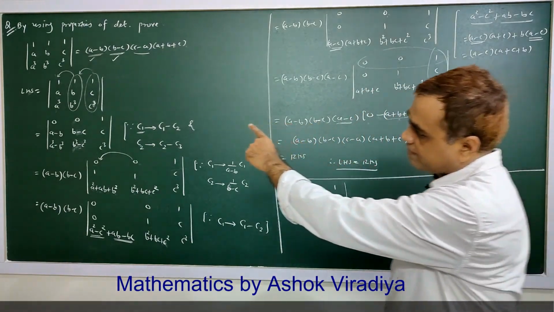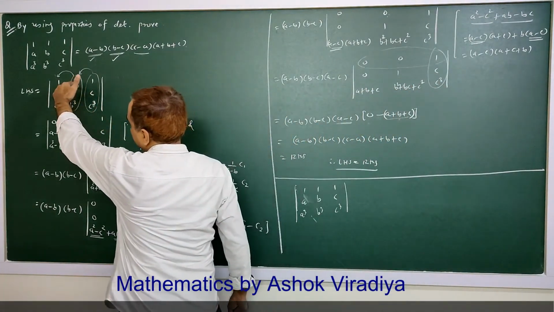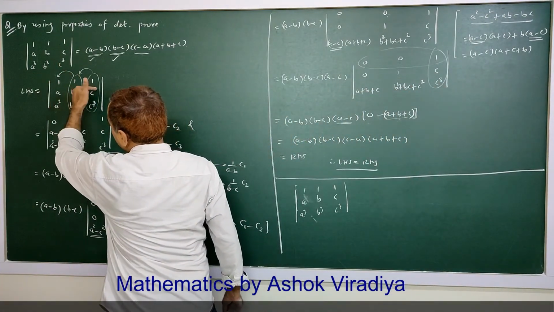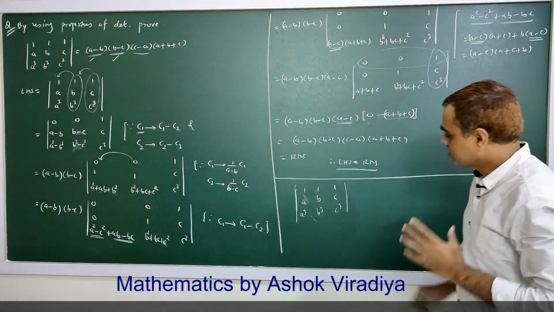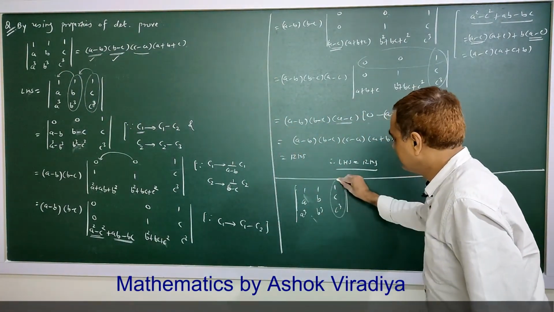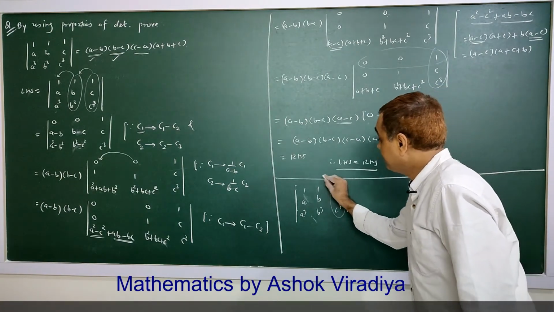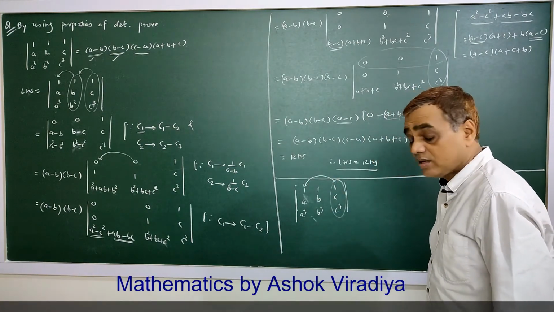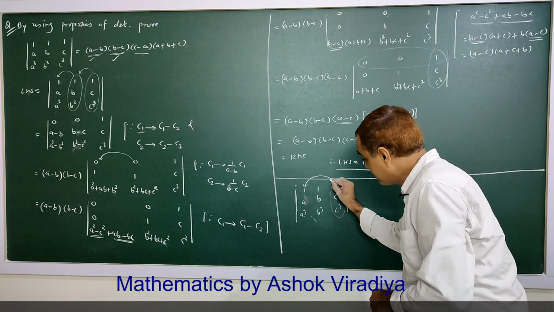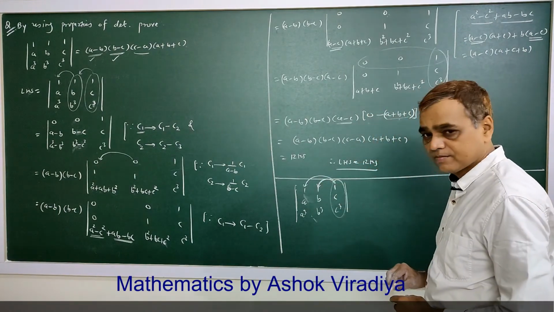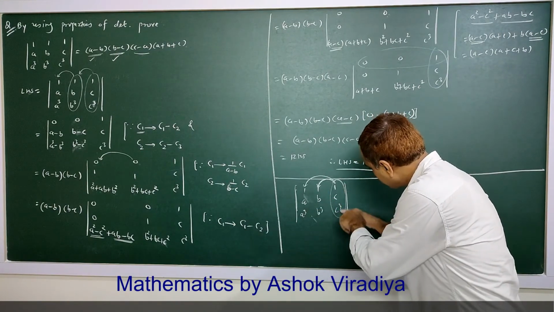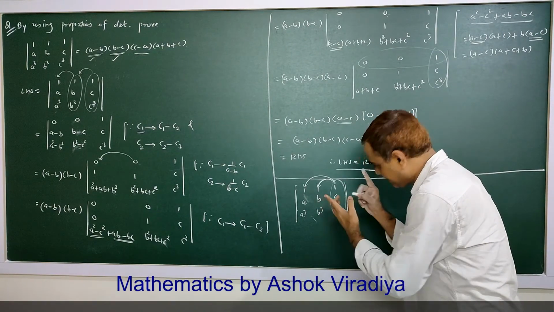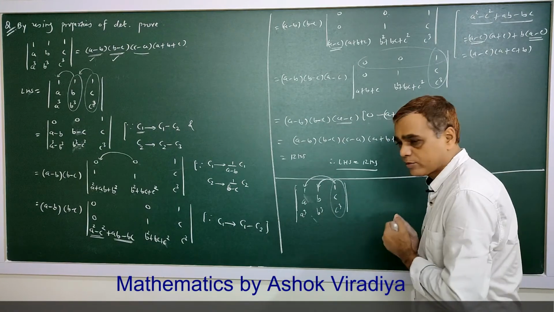Here we did this action. This is subtracted from first, this is subtracted from second. Instead of that, if you subtract the third column from first, and the third column from second, this starting is also allowed.